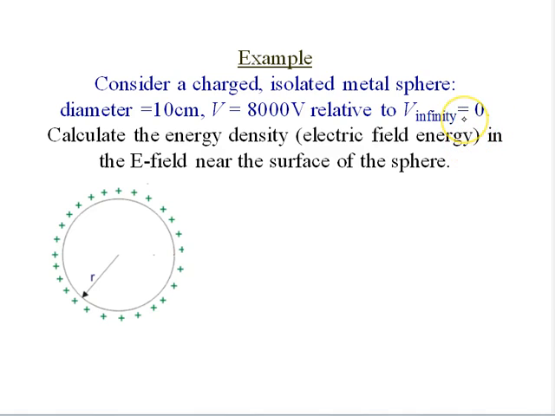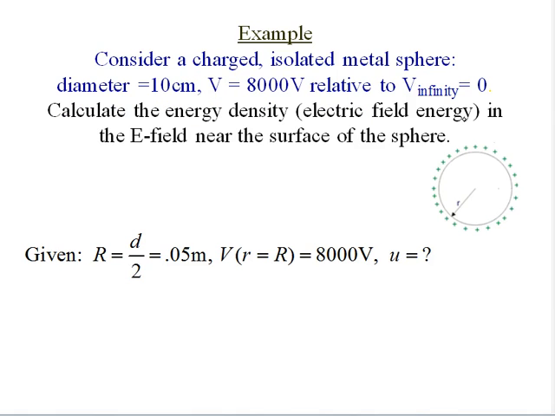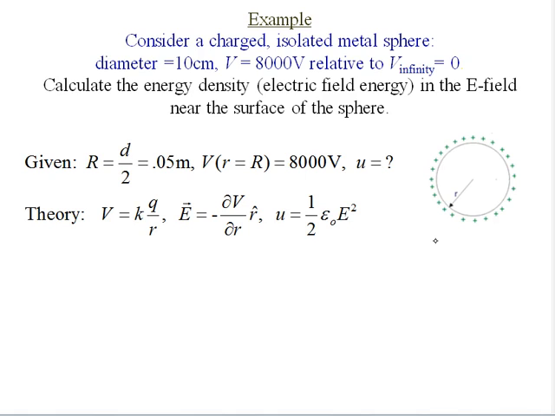We want to calculate the energy density of the electric field in the area of space near the surface of the sphere. We'll consider that the radius, capital R, is equal to the diameter divided by 2. And we know the electric potential at capital R is 8,000 volts. We want to find the energy density.